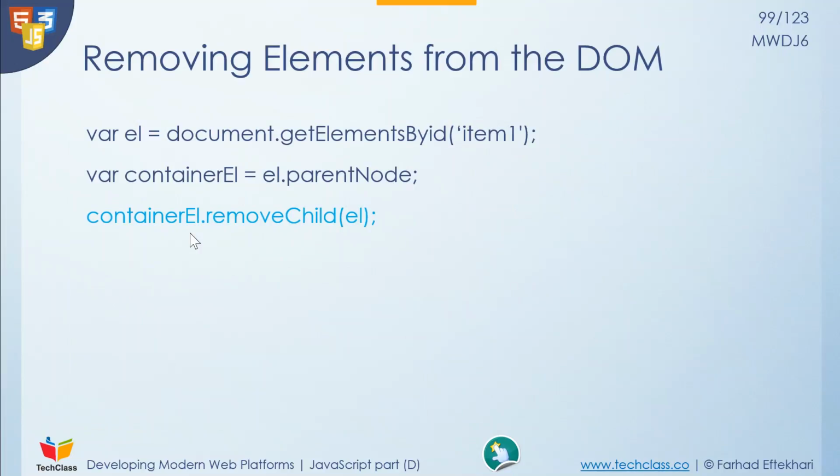And here you can also see how to remove HTML elements from the DOM. So when you assign one HTML element to a variable, you can then use removeChild, then the name of the element here, quite easily.